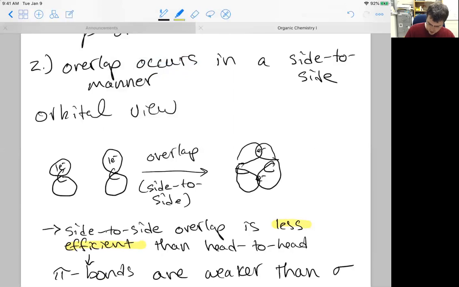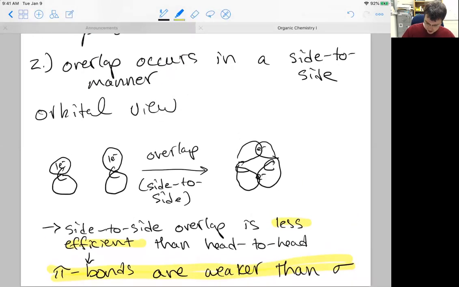And that all comes down to the orbital overlap. We have these non-hybridized p orbitals trying desperately to get a smidgen of overlap to share their electrons. It's not as efficient. The bond is not as strong. So the pi bonds are weaker than the sigma bonds.